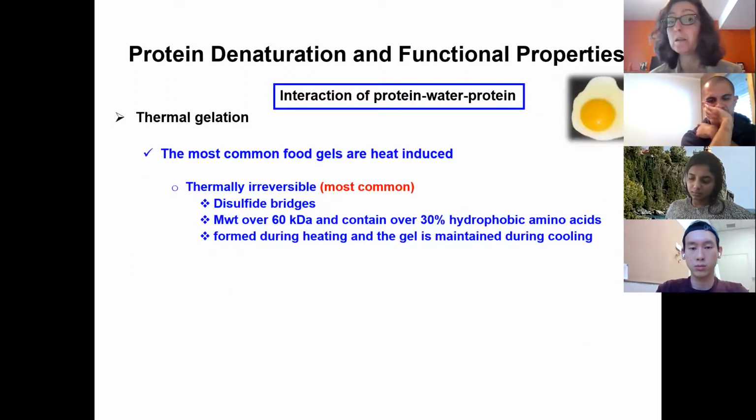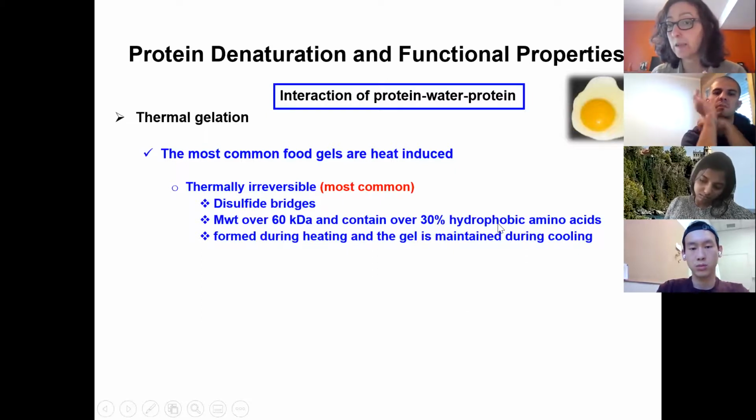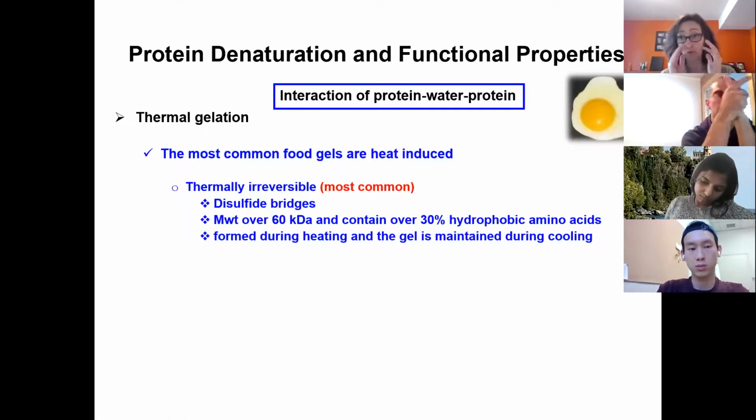So thermally irreversible gel, like the egg white, for example, is a thermally irreversible gel. And why do we get thermally irreversible gel? It depends on the type of protein we start with. If the protein is a very large protein, above 60 kilodalton, and has over 30% hydrophobic amino acids, we form really strong hydrophobic interactions.